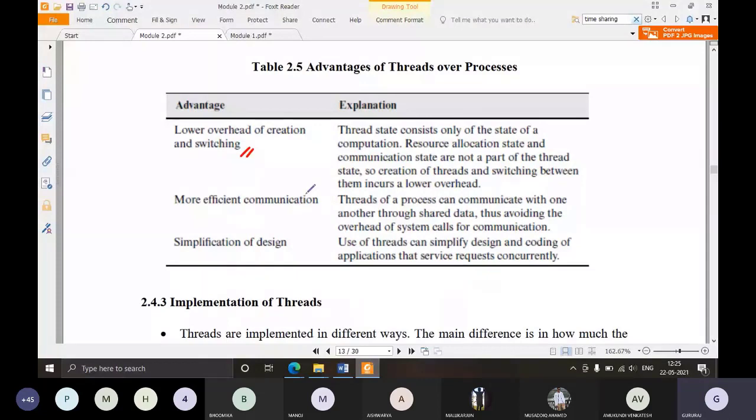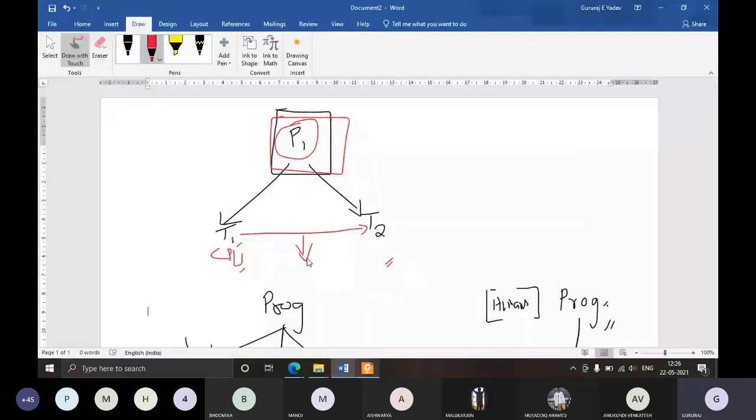Why? Because threads of a process can communicate with one another through shared data. If T1 wants to communicate with T2, the communication is very easy, since both are sharing the majority of the resources, which includes memory also. In memory, they will create a shared memory slot, where T1 will write some message and the same message will be read by T2.